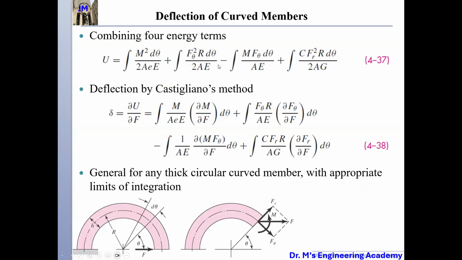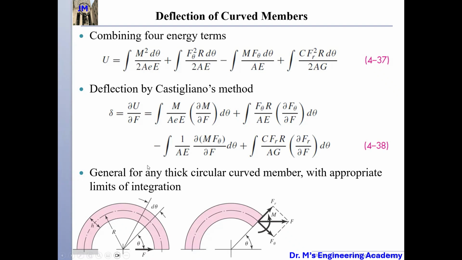Okay. Why do we have a minus sign? Because this bending moment, due to this I theta, is opposite with the bending moment resulting from the force on this point. So you can see this is our U, the strain energy for the whole beam, right?